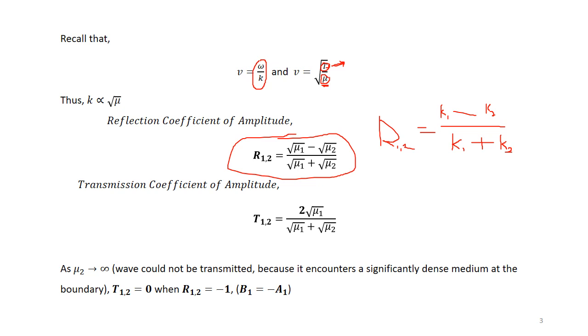So you can also use the linear density to obtain the relationship for the reflection coefficient of amplitude and that of the transmission coefficient of amplitude. And as the density of the second medium increases, the wave will not be transmitted.